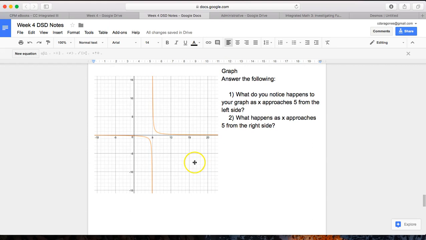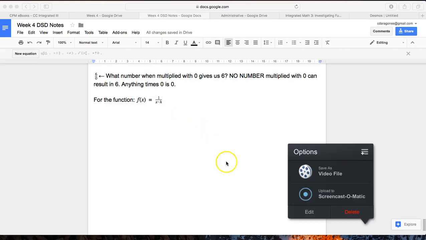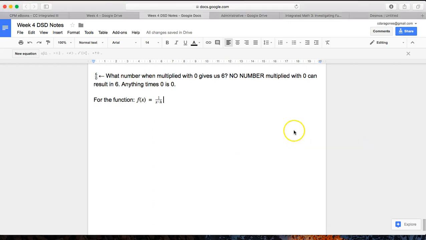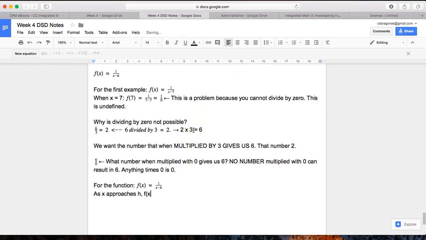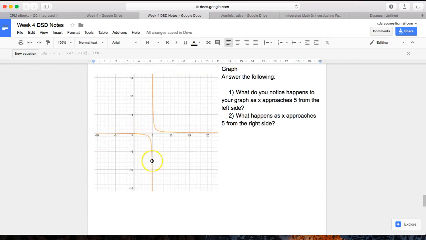We notice that as we get closer to h, so as x approaches h, f of x either gets really, really small, so you notice it goes all the way down to big negative numbers, or it gets really, really big, goes all the way up to positive infinity.